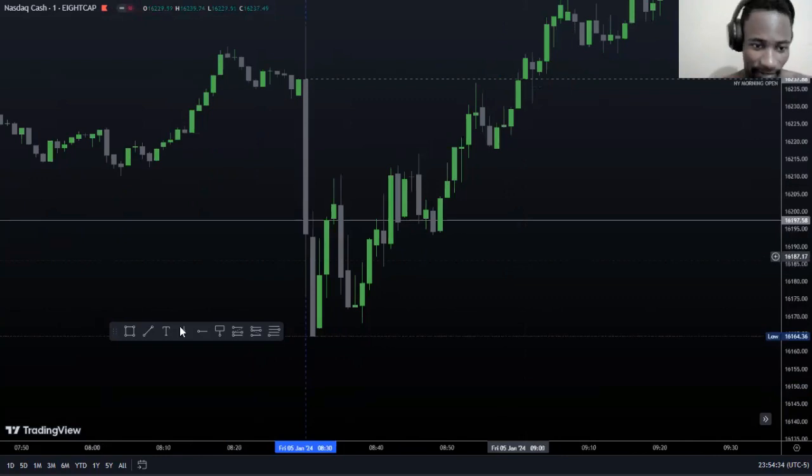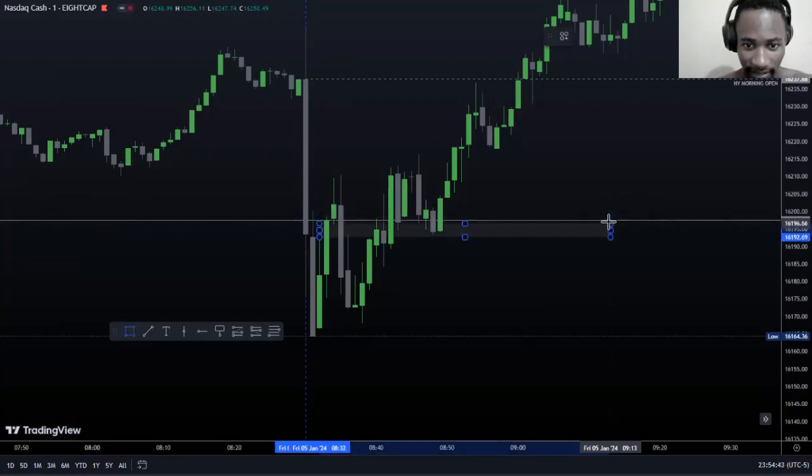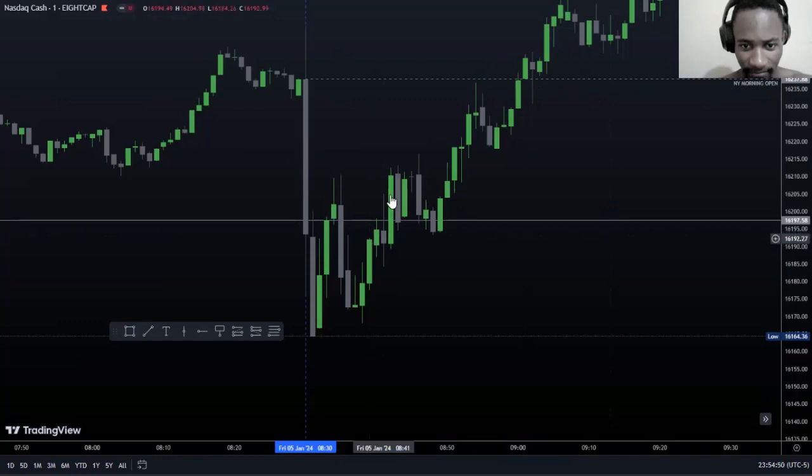What you can see here is this first, but then there's no market structure shift there; the market didn't shift anywhere. But you can see the market did a market structure shift on this low here, on this one here, and then this one here.